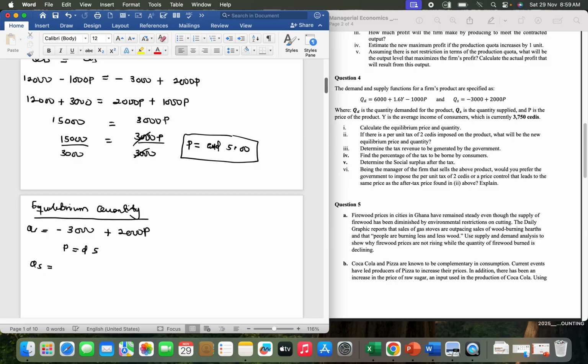So QS becomes minus 3,000 plus 2,000 times 5, which gives you 7,000. Let me try it again. Minus 3,000 plus 2,000 times 5. Yes, 7,000.